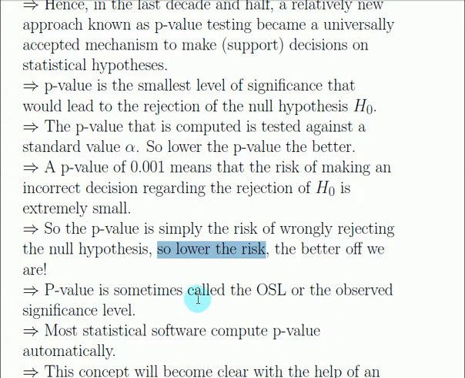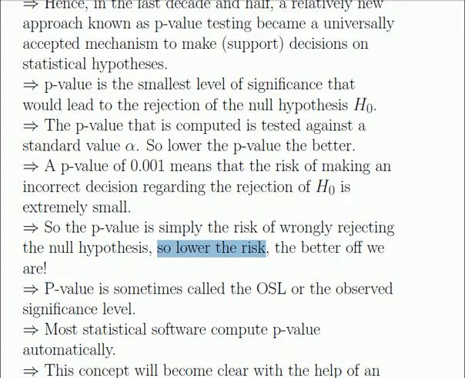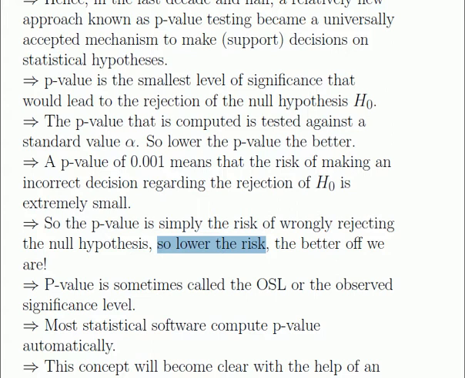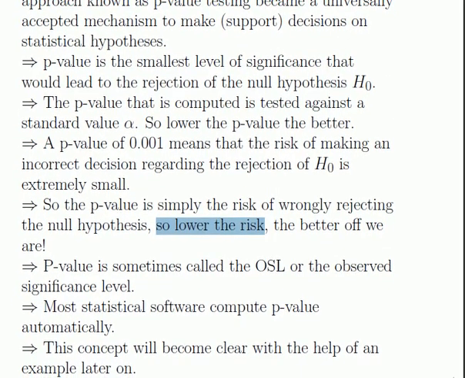The p-value is also called OSL, or the observed significance level. Most software by default computes this value easily. Anytime you run a hypothesis test, most statistical software can give you the p-value, but in Excel I'll teach you how to actually compute it.